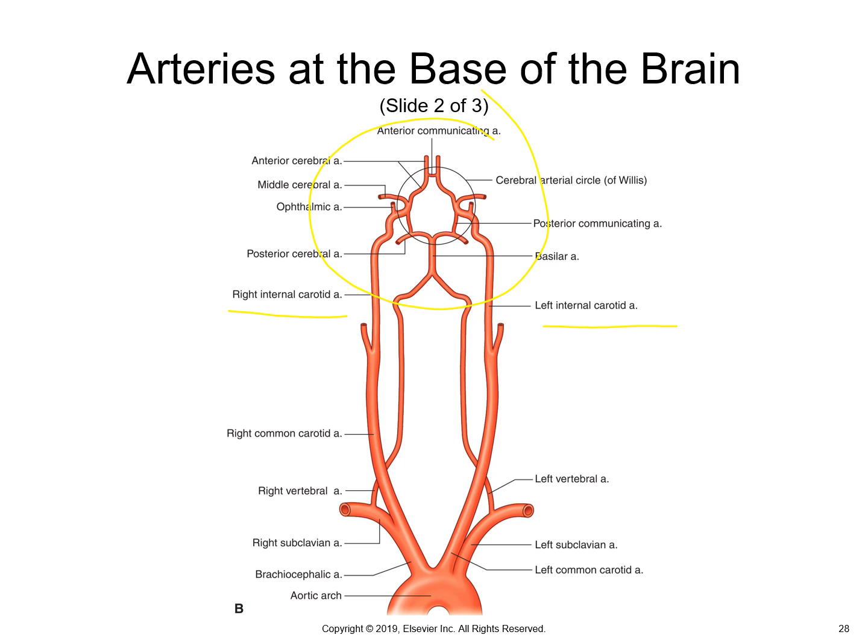All right, then we have the vertebral arteries, which are down here. All right, the vertebral arteries, they branch from the subclavian arteries, as you can see here, and they merge to form the basilar artery.